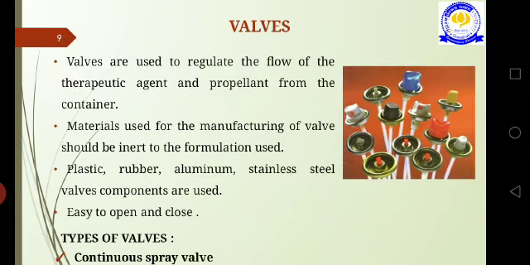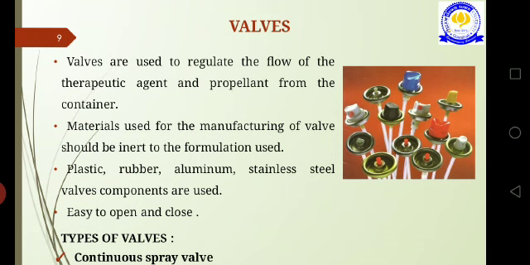Now the next part is the valve. Valves are basically flow regulator tools which regulate the flow of therapeutic agents and the propellant from the container. They are made of plastic, rubber, or aluminum, so that they are easier to open.